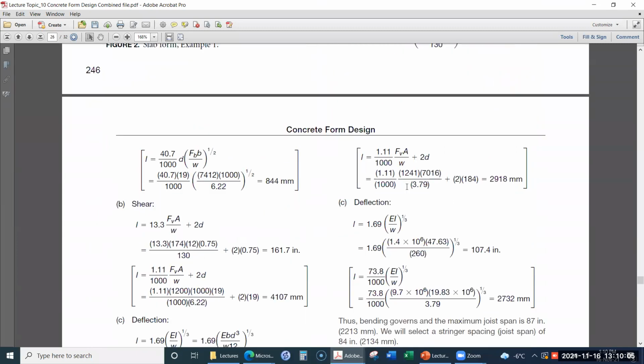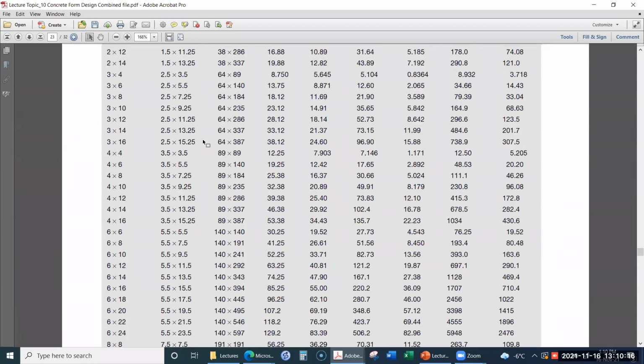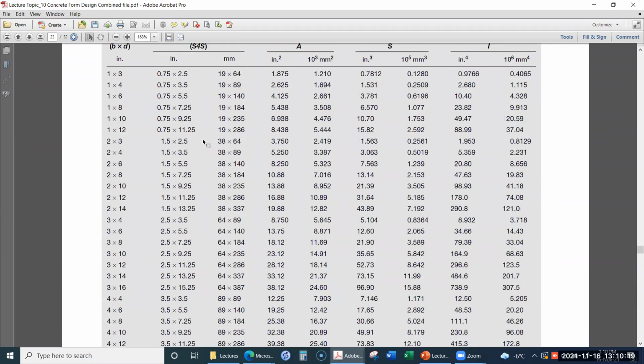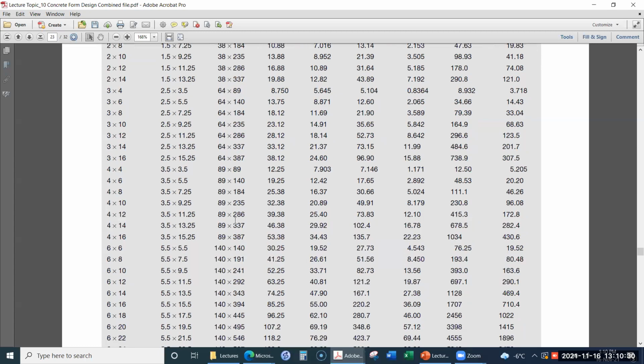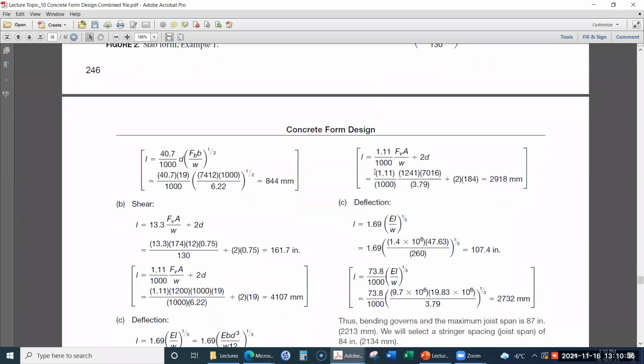A is the area. This area 7016 we will see from table 7. This is 2 by 8, and the area is 7.016 times 10 to the power 3, so it is 7016. This is divided by 3.79 plus 2 times D. D is the vertical depth.